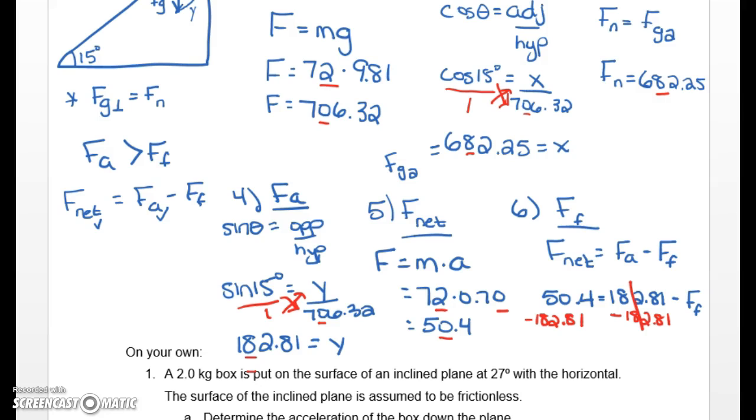Okay, and if we plug that into our calculator, 50.4 minus 182.81, we should get negative 132.41 as our answer. One thing that's really important here is that we still have the subtract frictional force, so that just becomes negative frictional force.